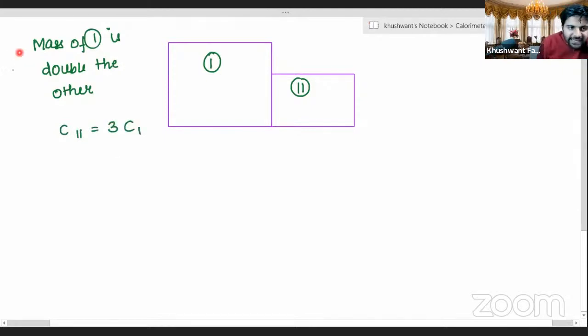This is the second data given. Question says that initially both bodies have different temperatures. This one has a temperature of 100 degrees Celsius. This one has a temperature of 20 degrees Celsius. है ना? You need to calculate the common temperature.